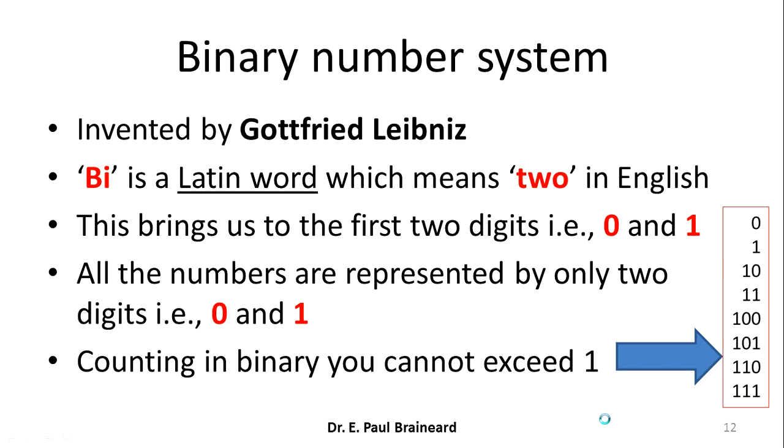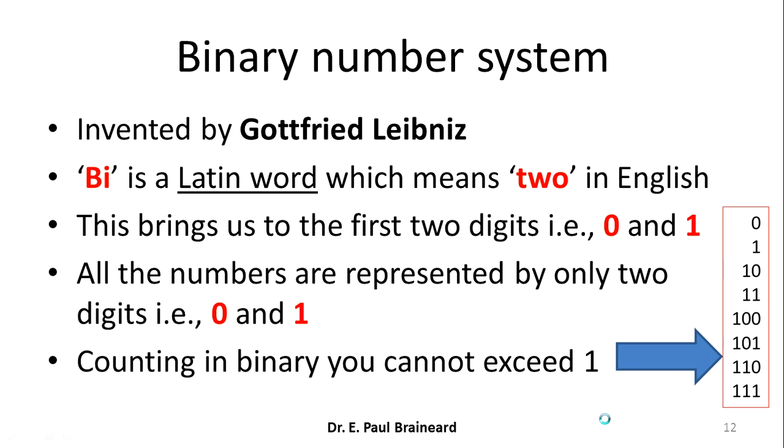Now let me give a brief introduction to the binary number system. It was invented by Gottfried Leibniz. Bi is a Latin word which means 2 in English. This brings us to the first 2 digits, that is 0 and 1.